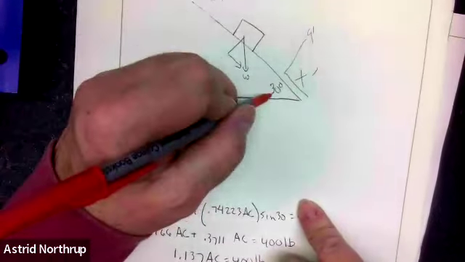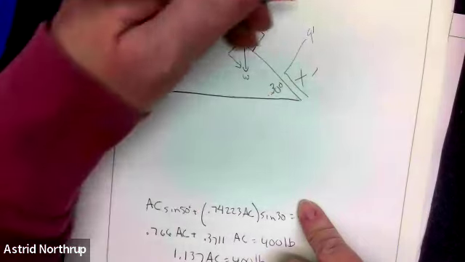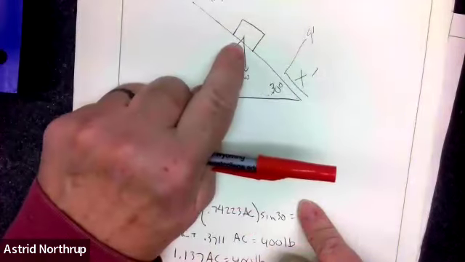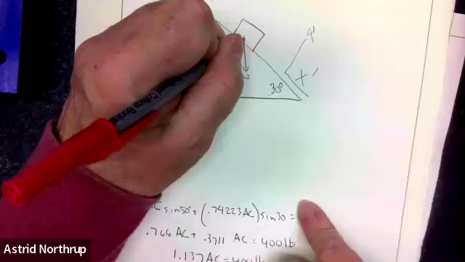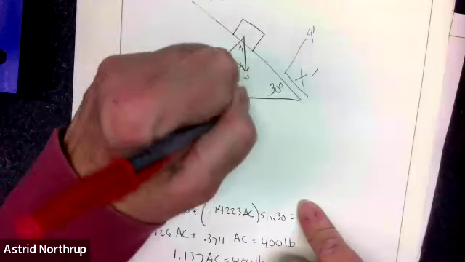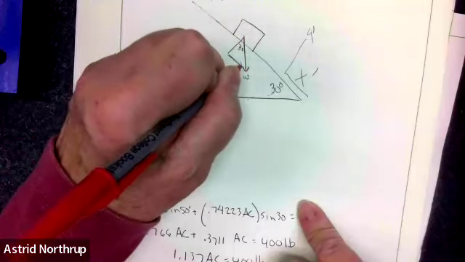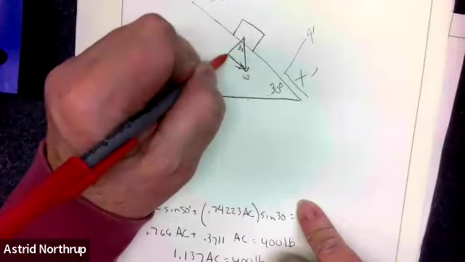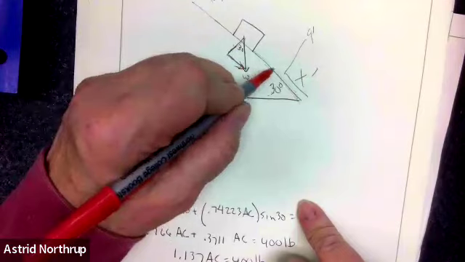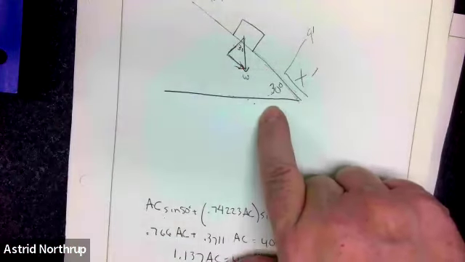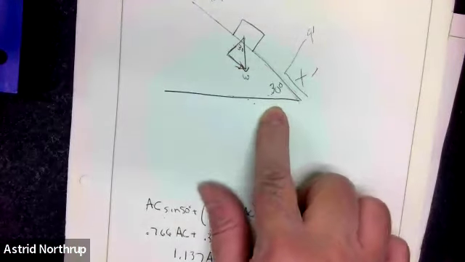If you think about it, I always had to do this: if I tip this more, this angle gets bigger and this angle gets bigger. So this angle is 30 degrees, but the other way. Since these two are perpendicular, same angle. I always have trouble seeing.